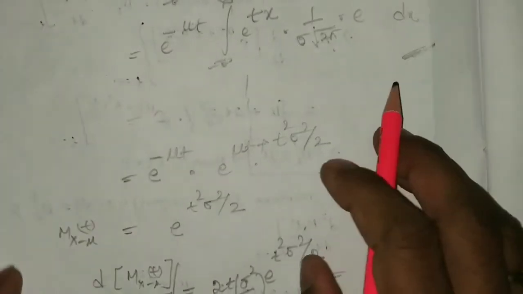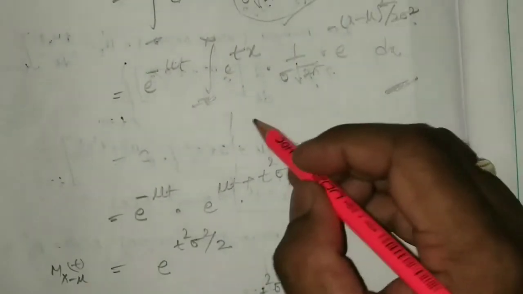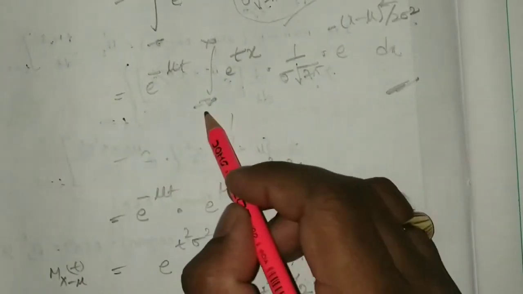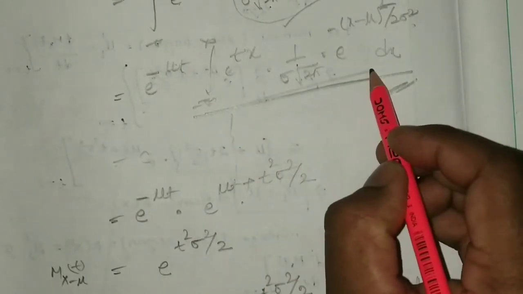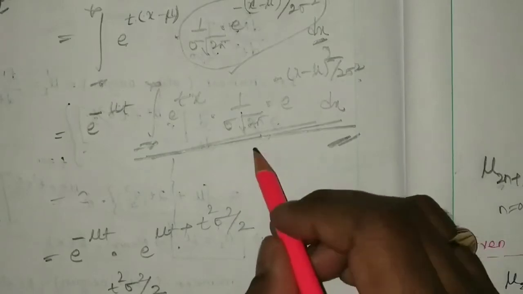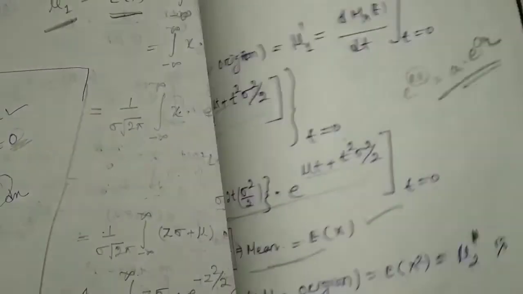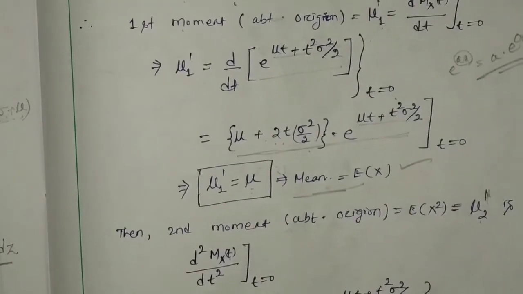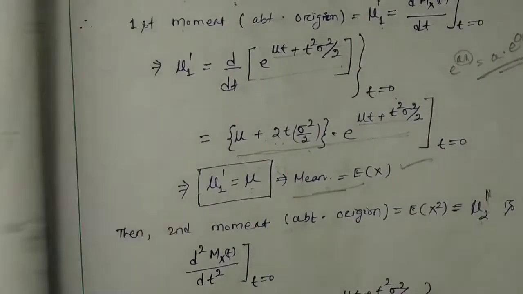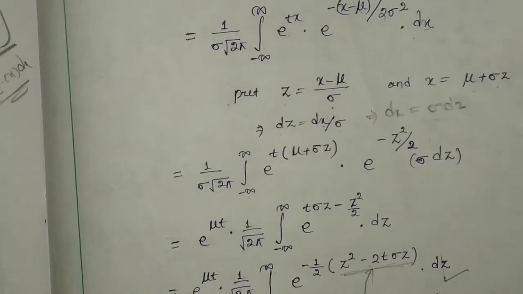Now here you can see this much value already we have calculated. This much value is nothing but M x of t about the origin, we have already calculated. How much?